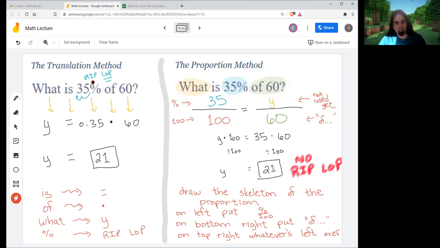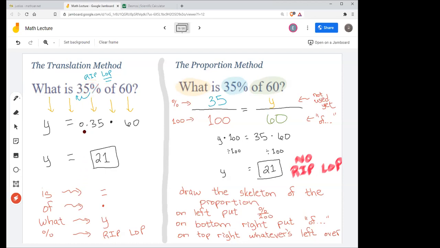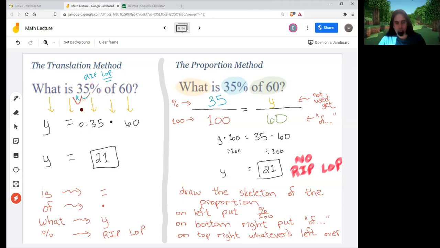I'll give you a hint then. What does the riplop do? It changes the percent into something else. A decimal, because the percent symbol and two scoots mean the same thing. So I can replace the percent symbol with two scoots. In this one, what did I replace the percent symbol by? Over 100. So since I did that, I'm done. I don't need a riplop. I've already replaced the percent symbol by something.